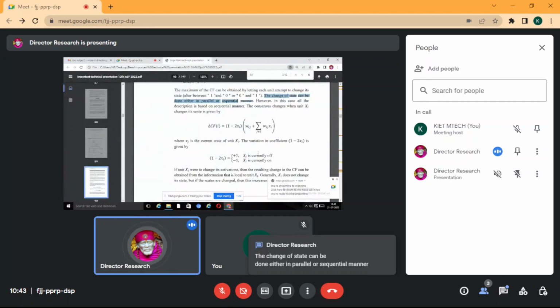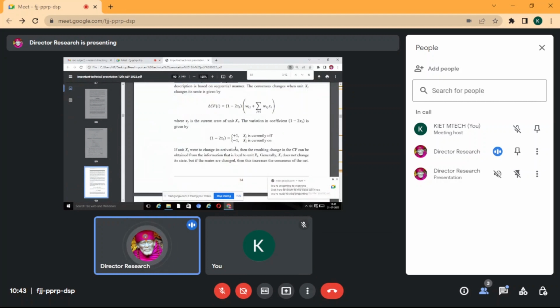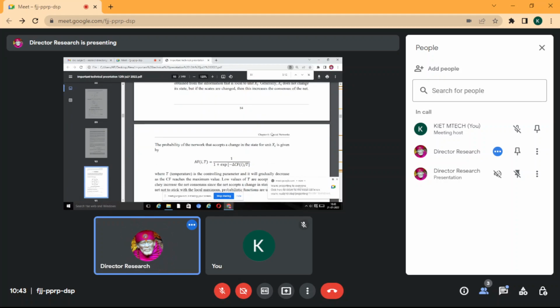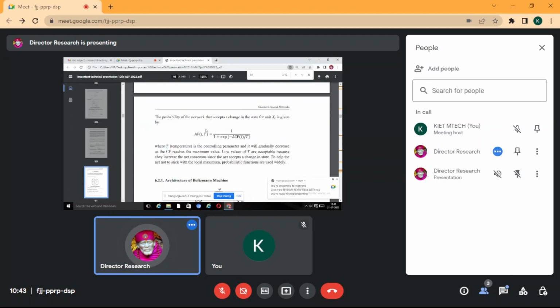The consciousness change, when Xi changes, okay, the change is always delta. Where Xi is the current state of capital X. The unit Xi is changed in activation. The resulting change in CF can be obtained from information in the local unit. The probabilistic network accepts a change in the state of Xi.